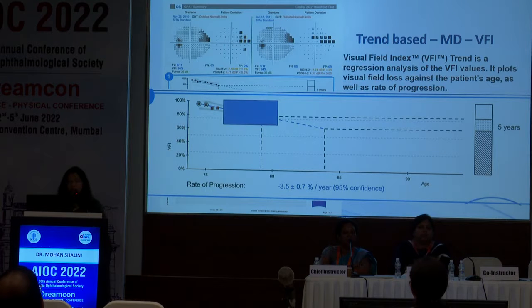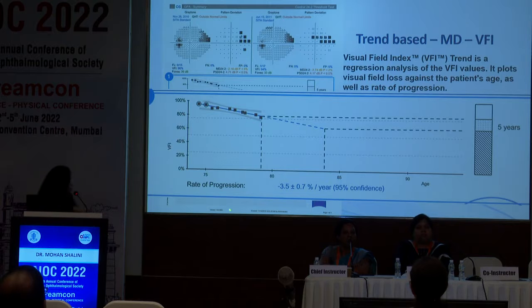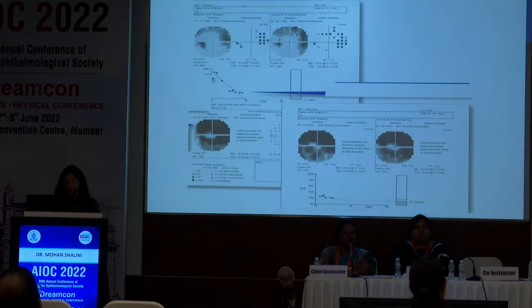But what is happening over a period of time, that is what trend-based analysis says. Over a period of time, you see that yes, the patient is gradually and slowly progressing, and this is the rate of progression given by trend analysis. So this is the problem with event-based analysis: if you compare with just one visual field, you're likely to miss something which we can get in trend-based analysis.